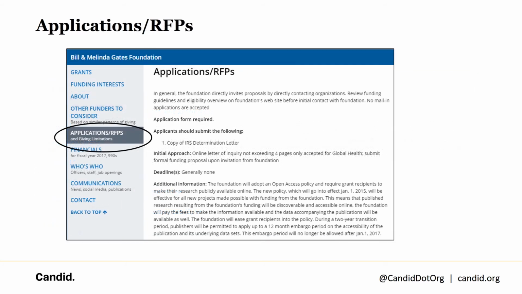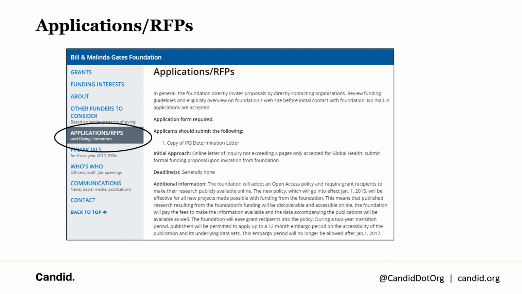And the other part of the application and RFP section will tell you what they want. Are they an electronic grant funder? Do they want it in paper? What are their guidelines? This is where they'll talk about whether they want a letter of inquiry or a full entire grant proposal submitted.